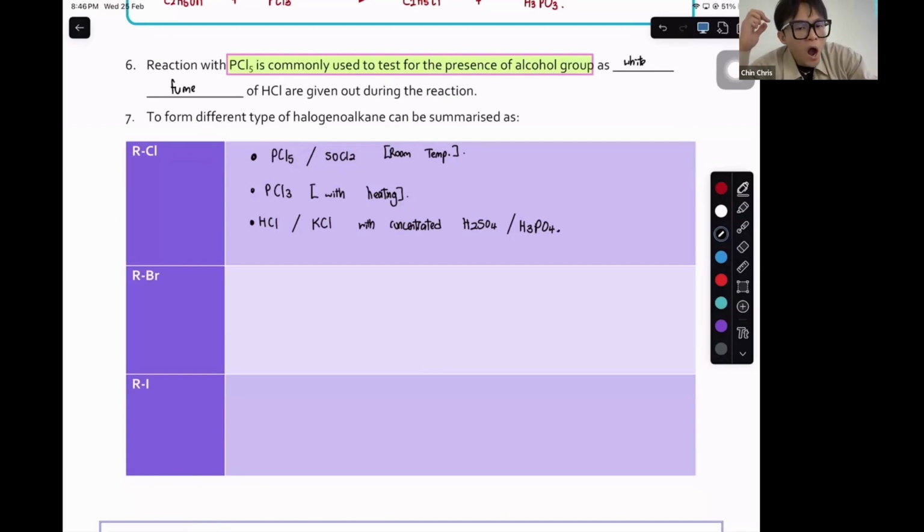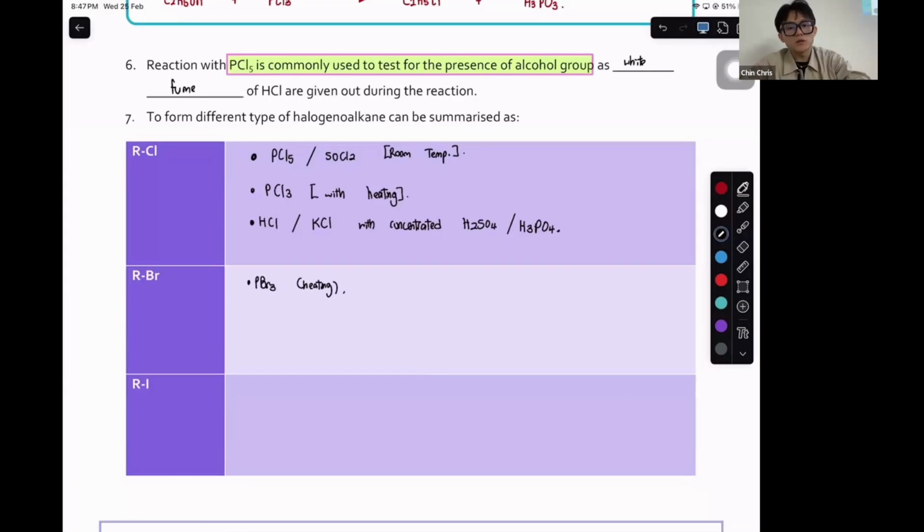All right guys, next. If you want to make an RBr, for example a bromoalkane, we can use PBr3 with heat. Okay, this is possible.